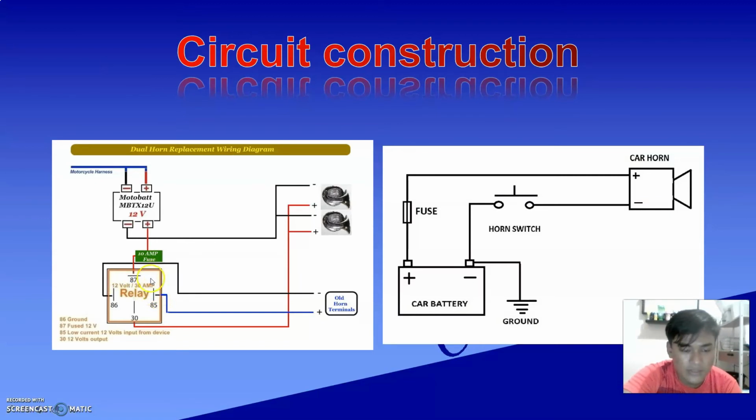So whenever the user presses the horn, the switch will close and the current will flow to here. So when the current flows to 30, this is the output terminal for the relay, the current will flow through and go through the horn. So that is basically how a horn works, and that is all for me.